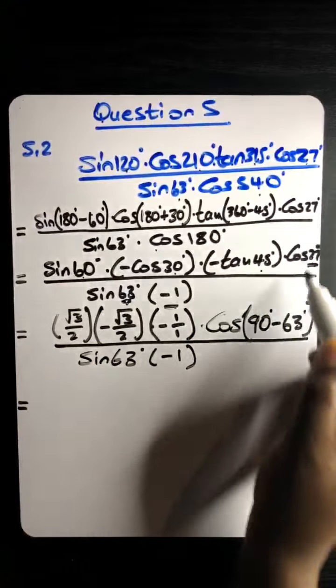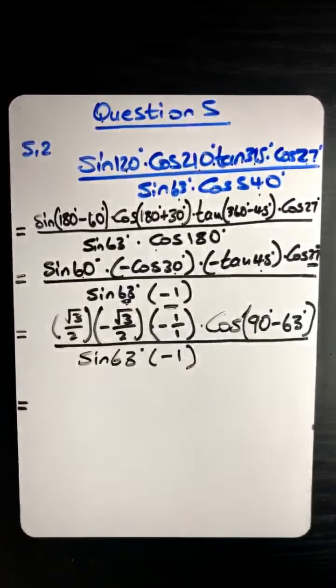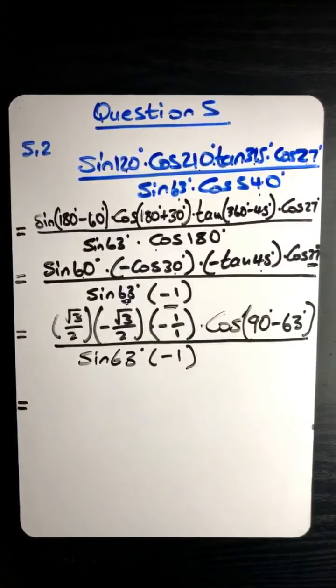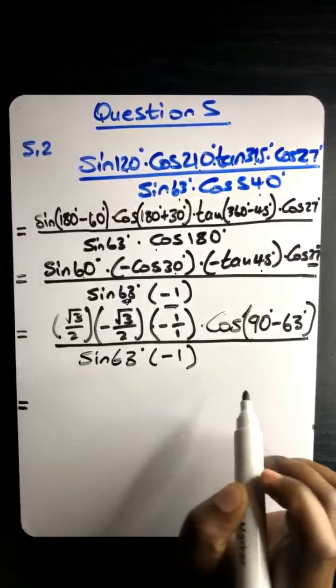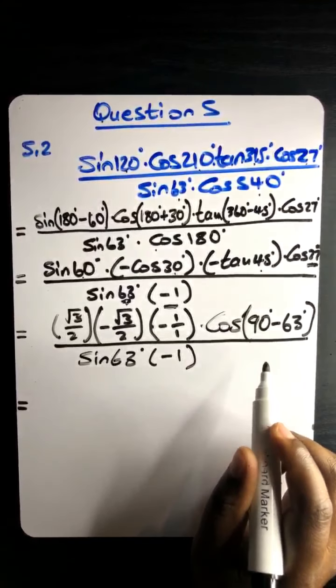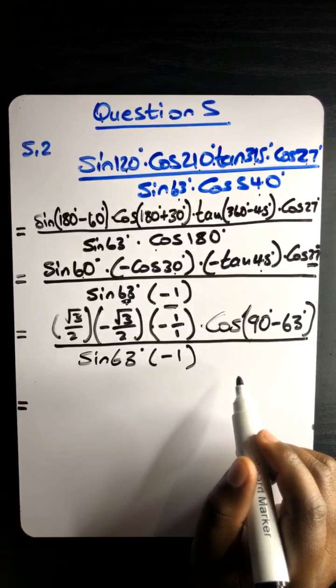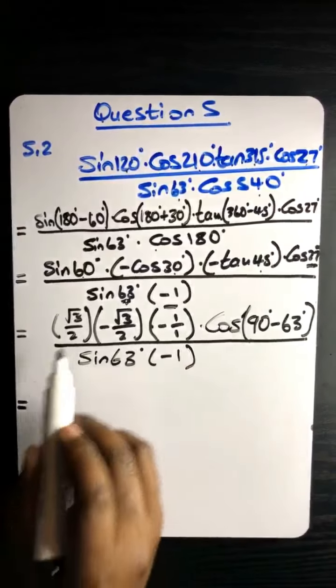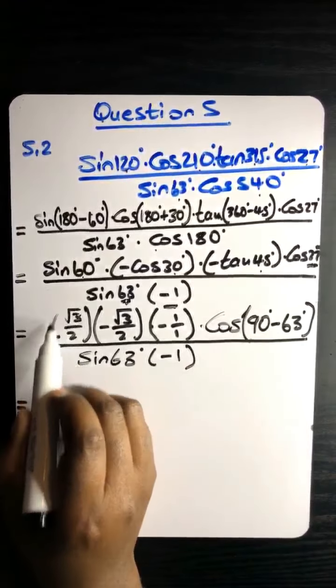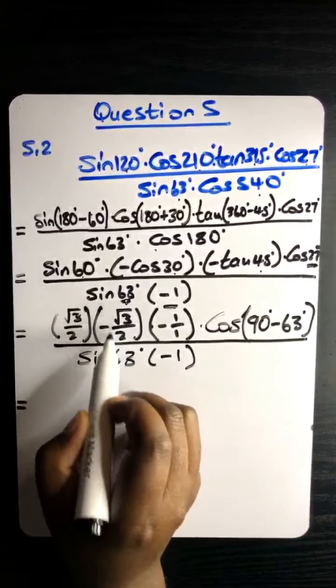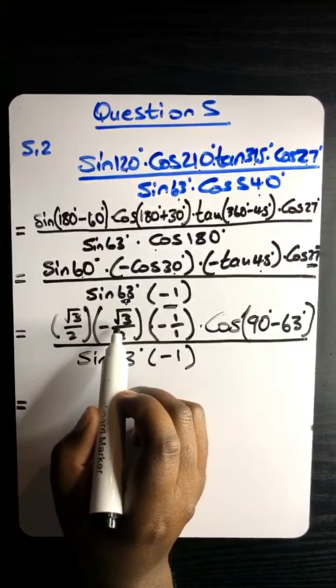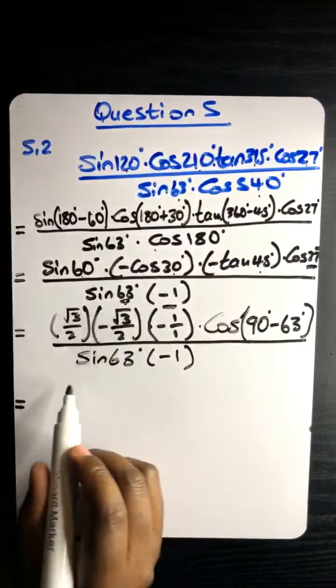you might just straight away cancel them, but let's show how they cancel each other out. Let's try to work out that one. What is this times that? Square root of 3 times square root of 3.